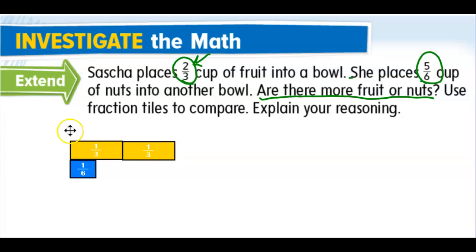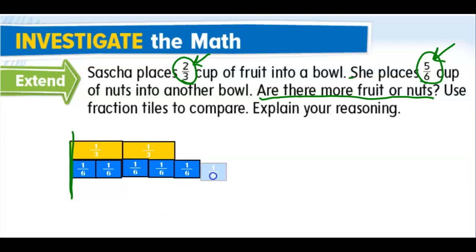It's really important when we're comparing fractions to make sure that we have them starting at the exact same place here. Okay, so those are lined up. And then I need 5 of the 1/6 tiles to represent the amount of nuts that she put into this mix. So we have 2, 3, 4, 5, 6.